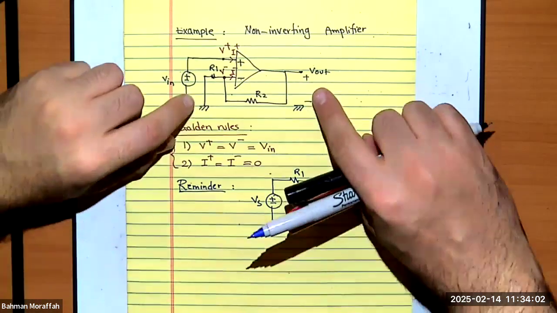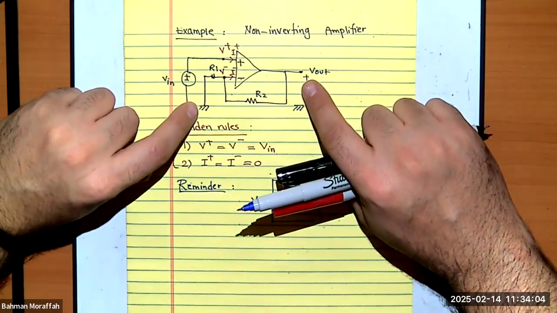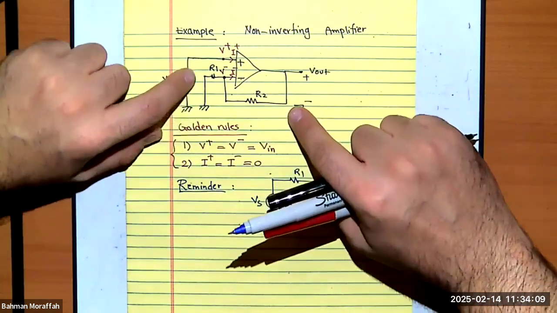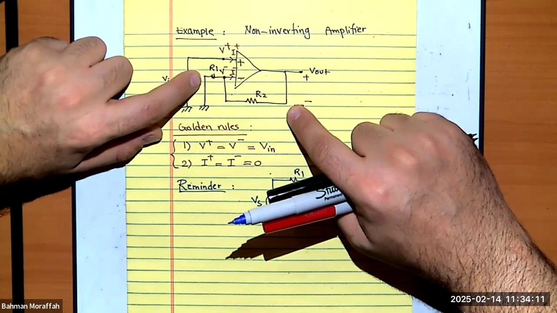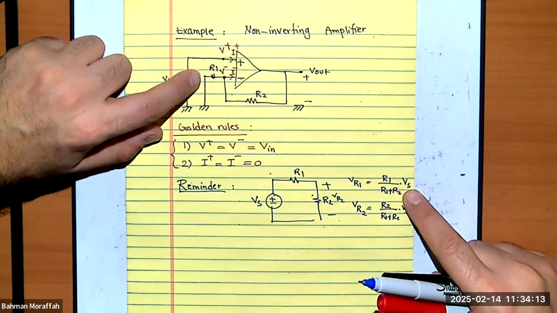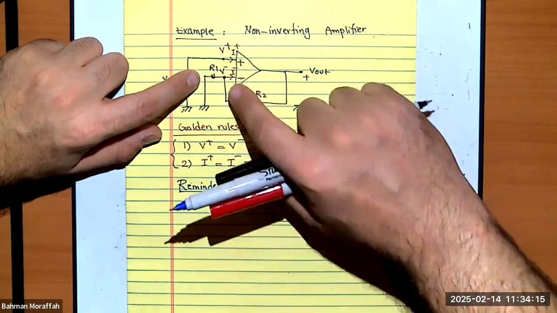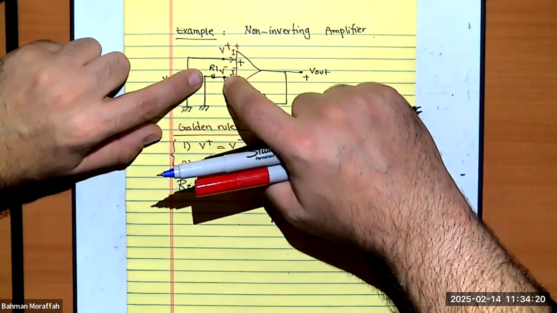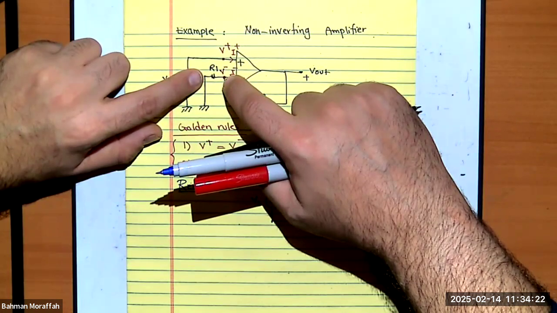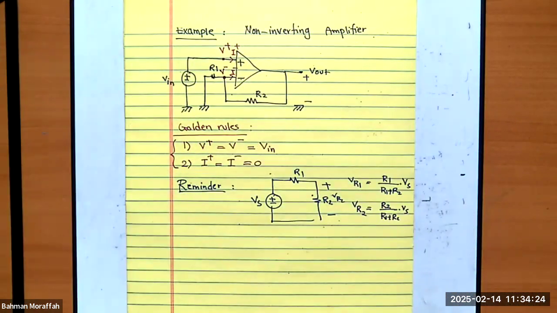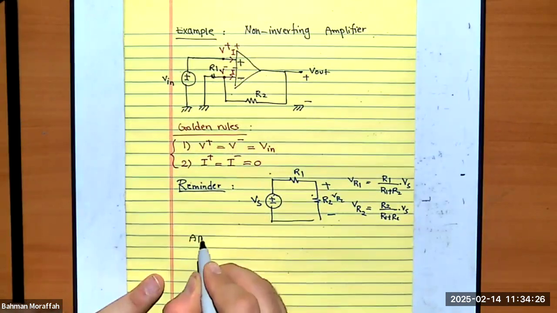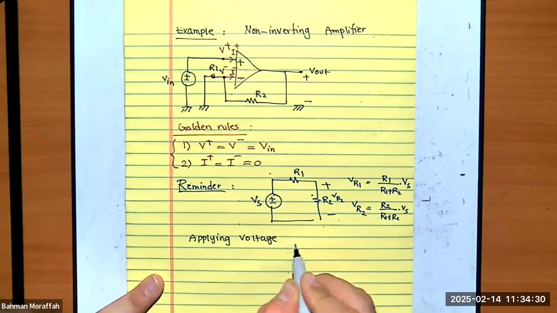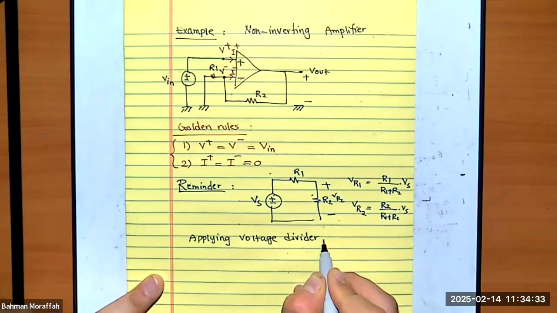If I want to apply this to this circuit, what do I have? What is my V out? V out is the voltage across both of these. Therefore, that's my Vs. What is the voltage across R1? That's this V negative. Therefore, if I apply the voltage divider, what do I have?